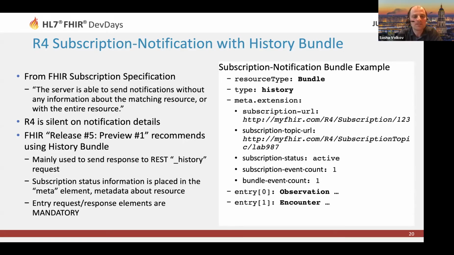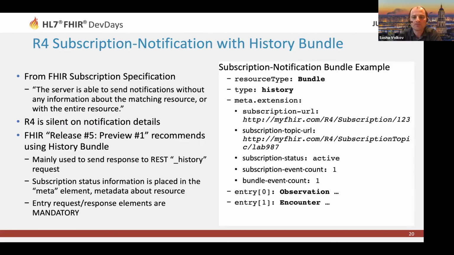Doing a little bit more digging, I figured out that as a release of R5, they looked at a couple of options for how to represent the FHIR subscription notification. In the release number 5, preview number 2, which was, I believe, almost two years ago, the recommendation is to use the history bundle.